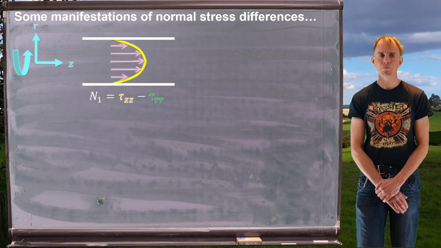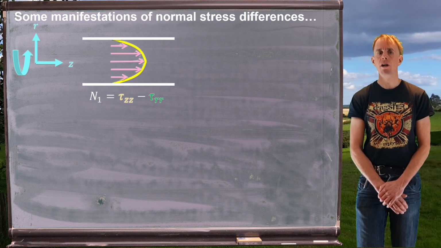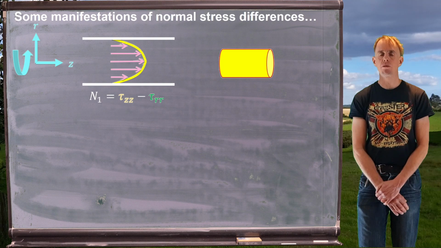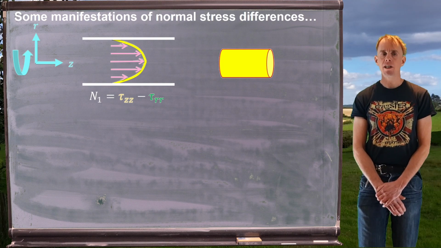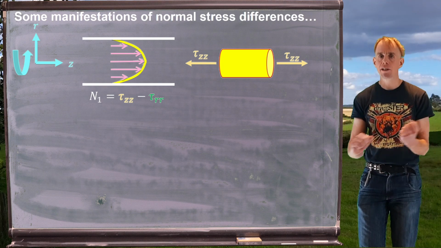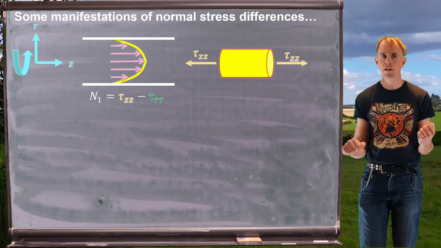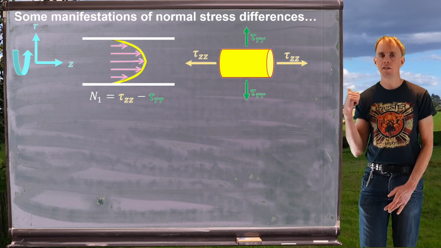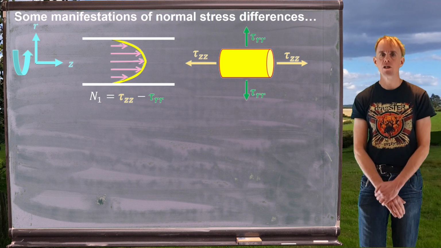And if I sketch this out on an elemental body of fluid, which will be cylindrical in this coordinate system, tau zz are principal stresses acting like so, effectively pulling this cylindrical element. Tau rr is going to be acting so, in a direction that is perpendicular to tau zz.